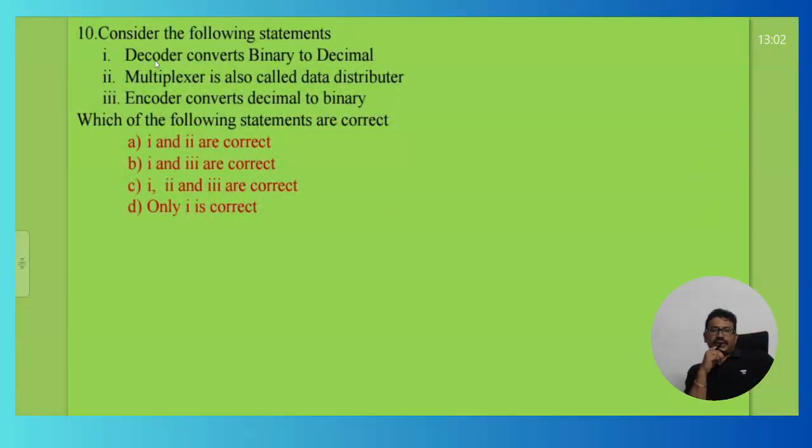Next. Consider the following statements. Decoder converts binary to decimal. Yes, this statement is correct only. Multiplexer is also called data distributor. No, multiplexer is called a data selector.